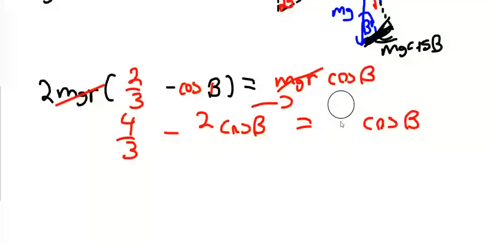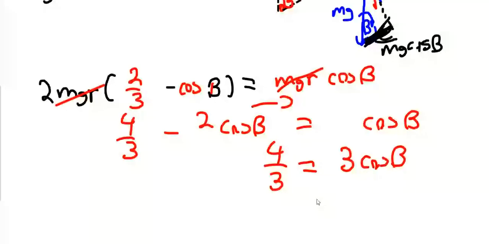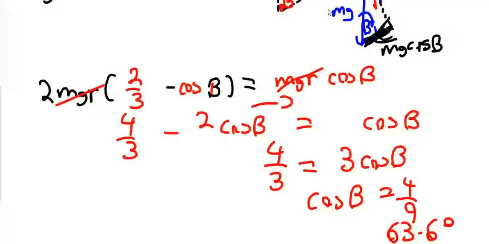And that was just cos B. And that gives me 3 cos B equals 4 over 3, isn't it? Ah, that's more familiar. Cos B is 4 over 9. And I'm going to inverse that. 63.6 is the correct answer. Thanks, whoever found that.